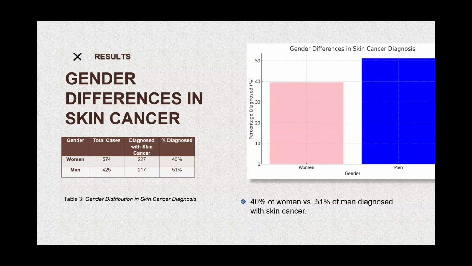So there are more men affected by skin cancer. Maybe because of the way they expose themselves to the sun, maybe their occupation. There are many factors. I'm not discussing the factors here, but we found more men affected by skin cancer.